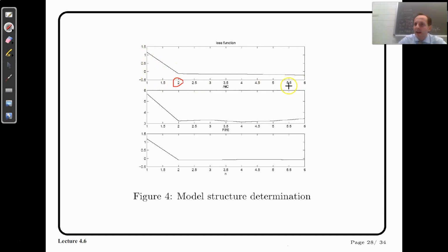The independent variable is the model order, and the value remains almost constant. Also in this case, it seems to suggest a model order 4, but the minimum description length seems to again suggest a model order 2. So perhaps according to these indicators, the correct model order is 2.